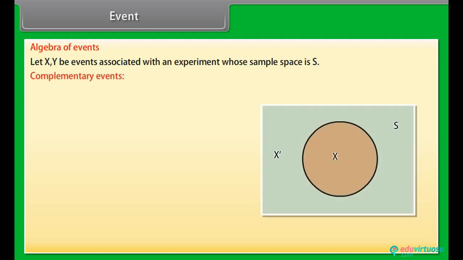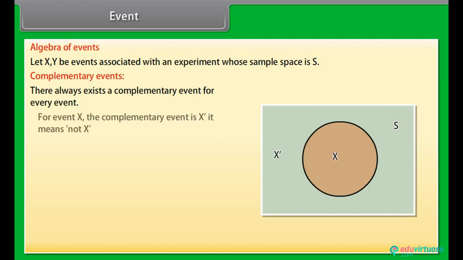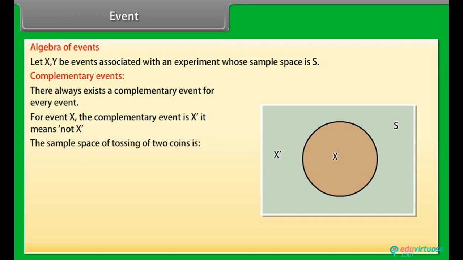Complementary events. There always exists a complementary event for every event. For event X, the complementary event is X dash. It means not X. To understand it, let's take an example. The sample space of tossing of 2 coins is S is equal to HT, TH, HH, TT.